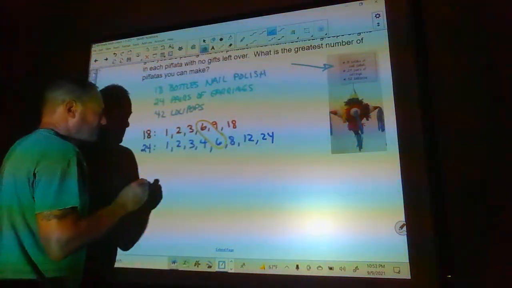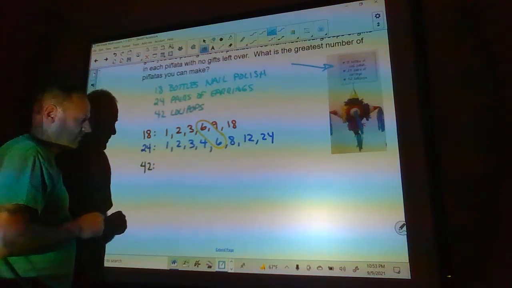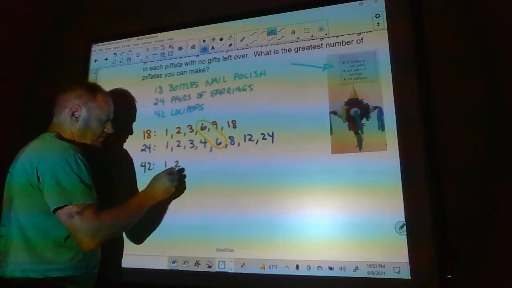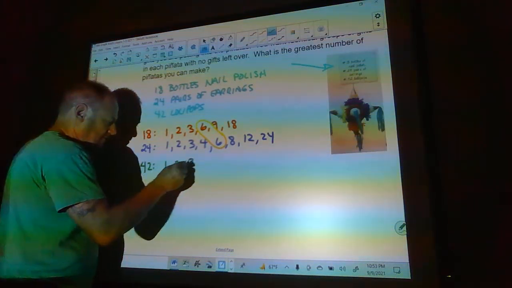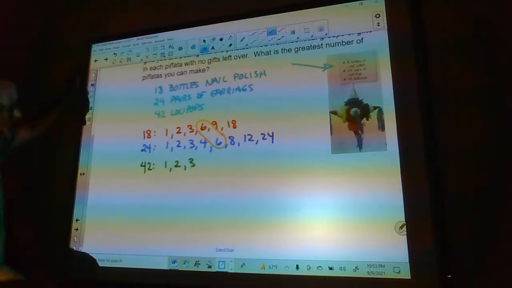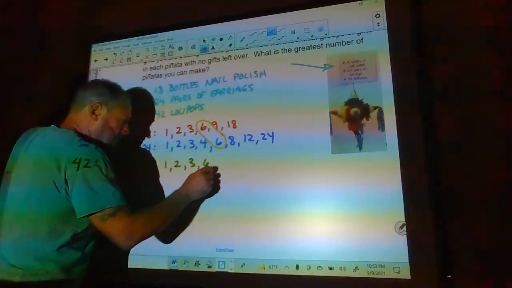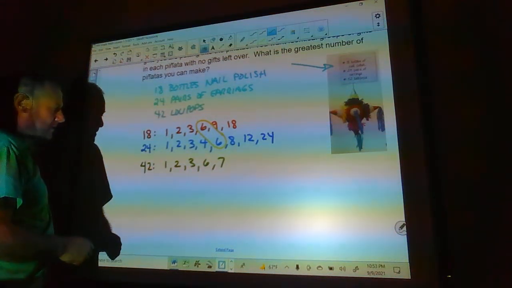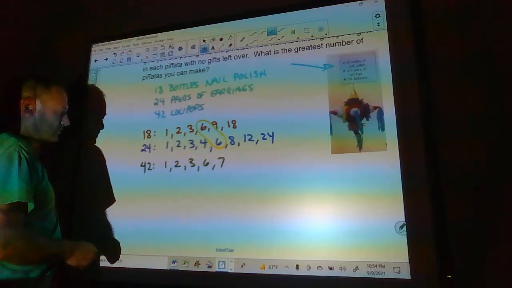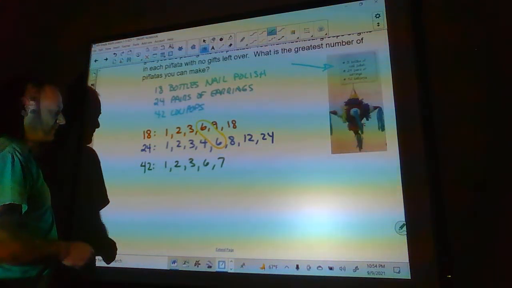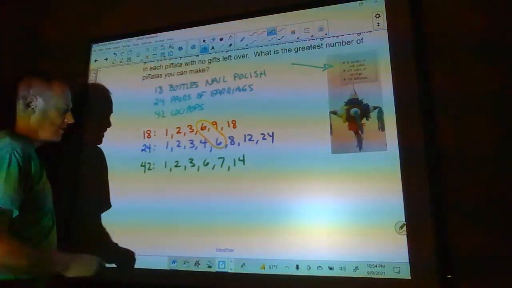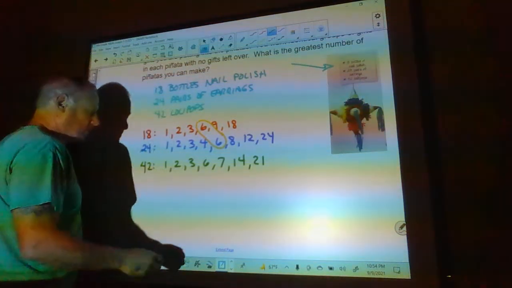Now, 42. Okay, I can do 1. I can do 2. I can do 3. I can't do 4, 5. 6 will go into 42 7 times. 42 divided by 3, 14. 2 times 21, and 1 times 42.